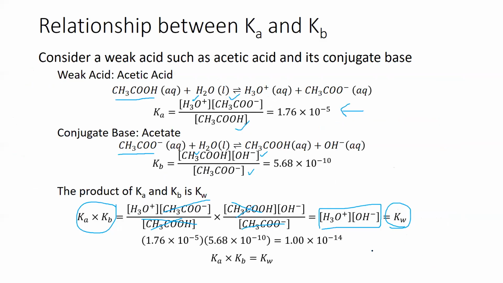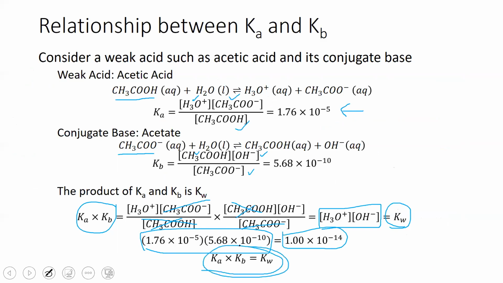There we go. So here we can say, when you have the Ka times the Kb, that gives you Kw. And so you get a relationship where you can calculate the equilibrium constant associated with the conjugate base if you know the equilibrium constant for the weak acid.